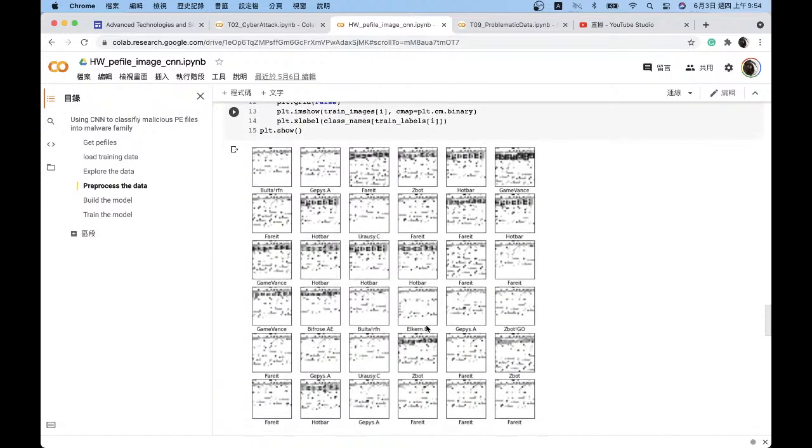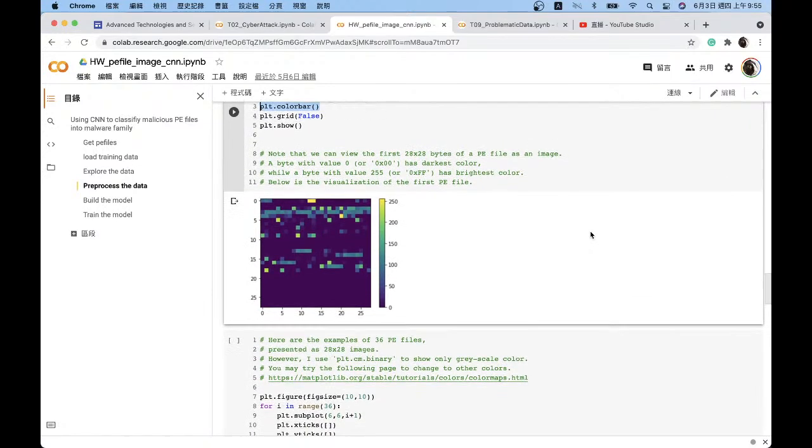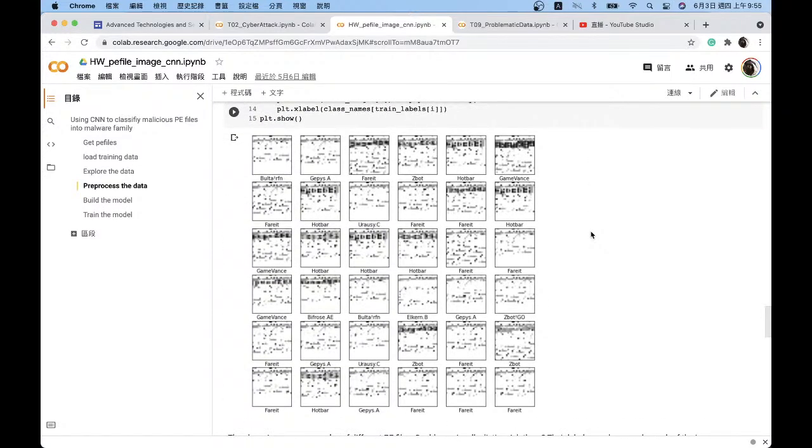I drew this figure for you. I randomly picked some samples from our 365 samples and plotted all of their 28 by 28 bytes. But here, for simplicity, I use a grayscale figure.